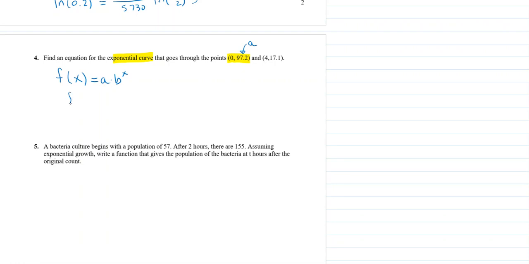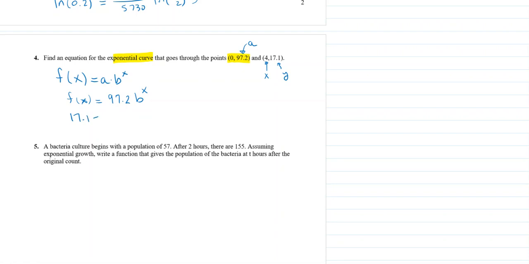So I already know one of the constants I have to find for this function. It's 97.2. So the other number I have to find is this b. How do I find that? I know that when x is 4, y is 17.1. So I will just plug those numbers in.